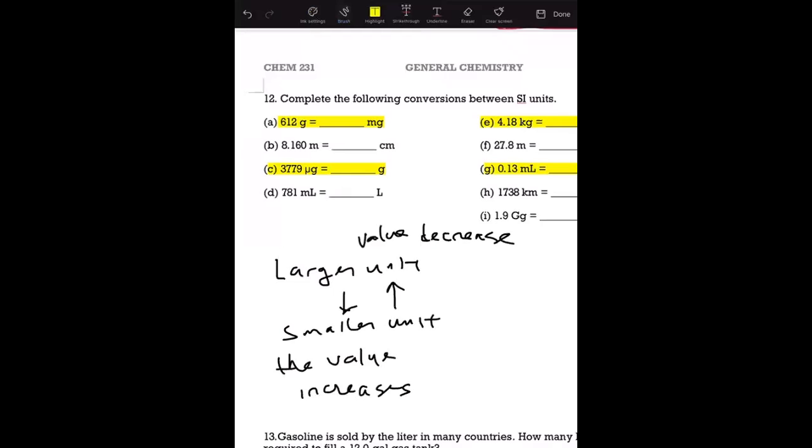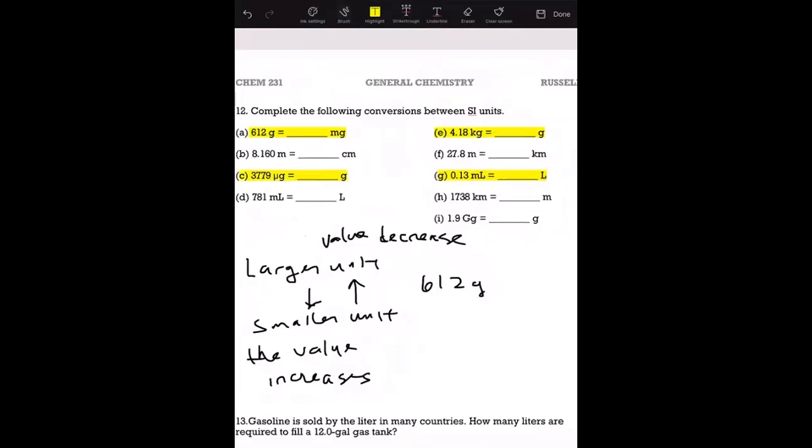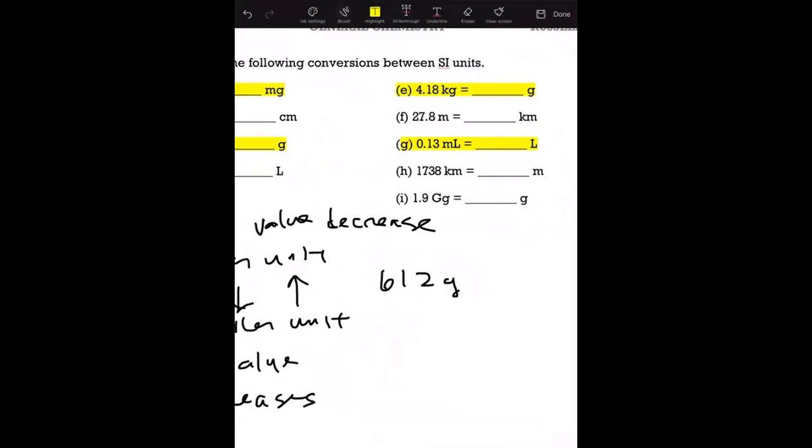All right, so let's take number one. It says 612 grams, and this is a good place to really hone in on these conversion factors. How many milligrams are in 1 gram? The milli is 10 to the minus 3 grams, right?